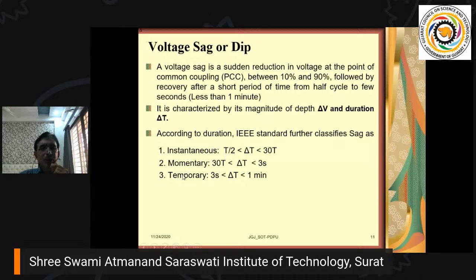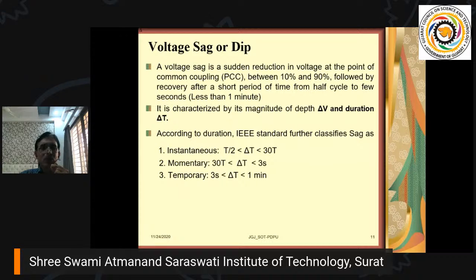Momentary sag has a duration between 30 cycles and less than 3 seconds. One second means 50 cycles, as we are taking 50 cycles per second, and the duration of one cycle is 20 milliseconds. If the duration is between 3 seconds and less than 1 minute, it is called temporary sag.